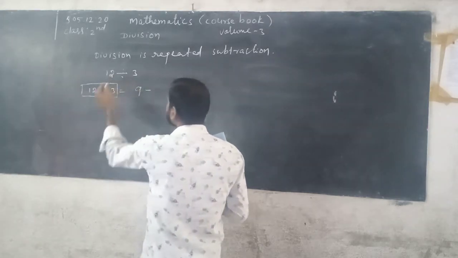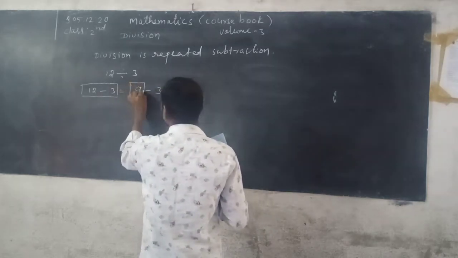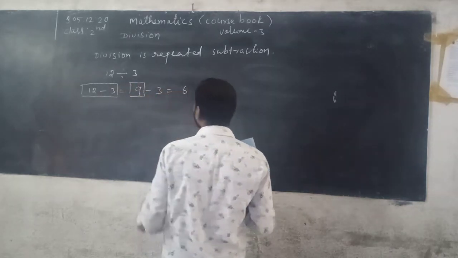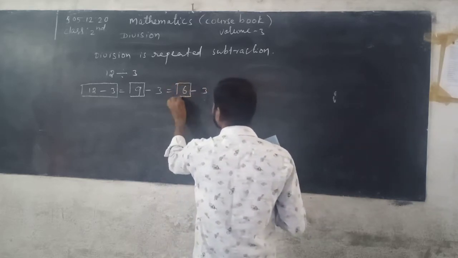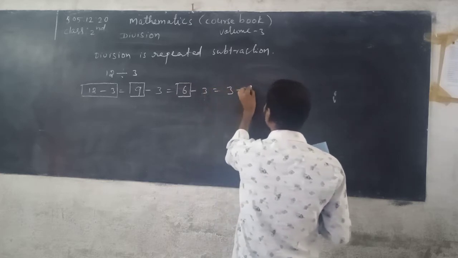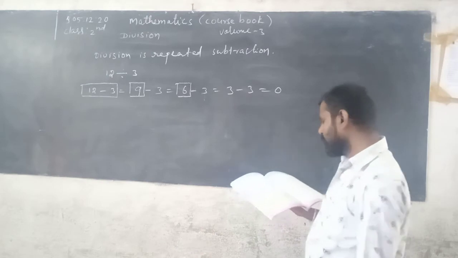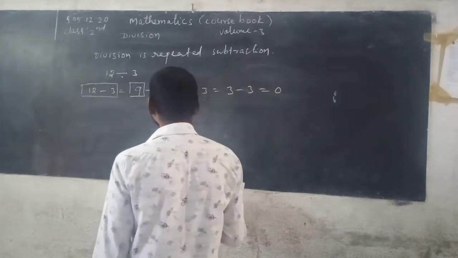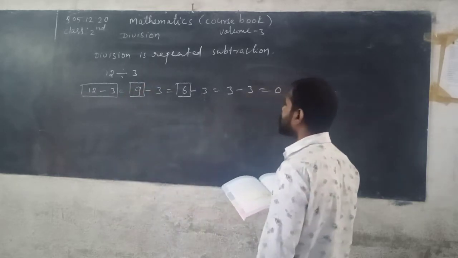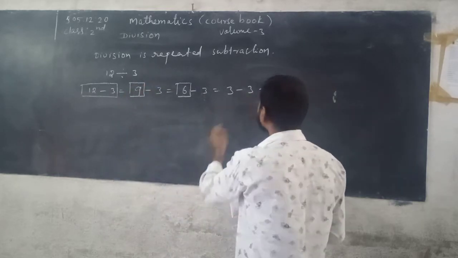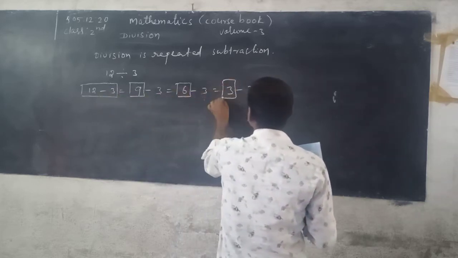Again 3 is subtracted from 9, means 9 minus 3. What do we get? 6. Again 6 minus 3, you get 3. Again 3 minus 3, you get 0. Count how many times we subtracted to get 0. 4 times: 1, 2, 3, 4.